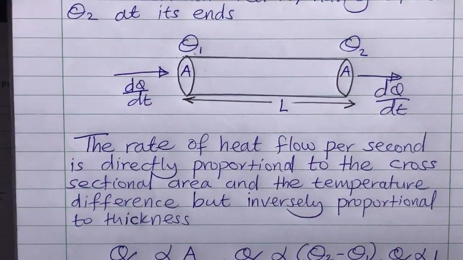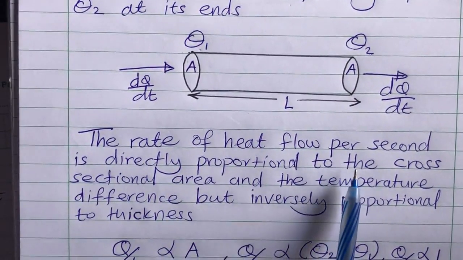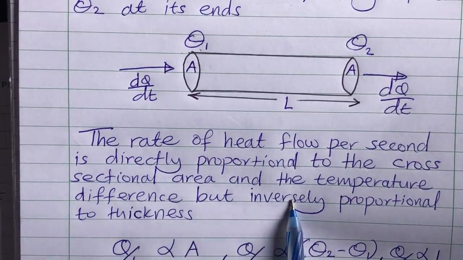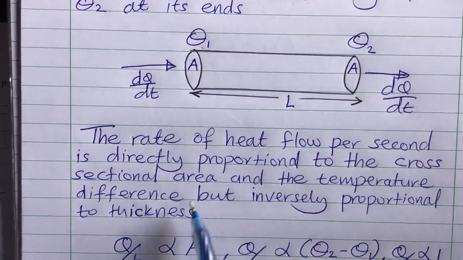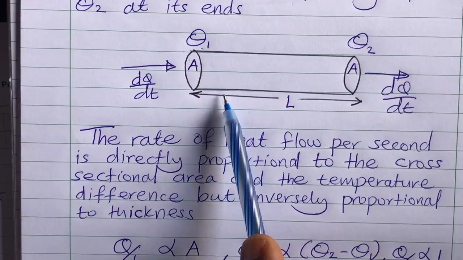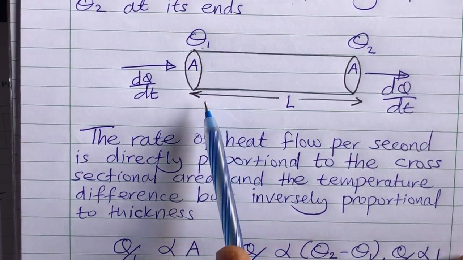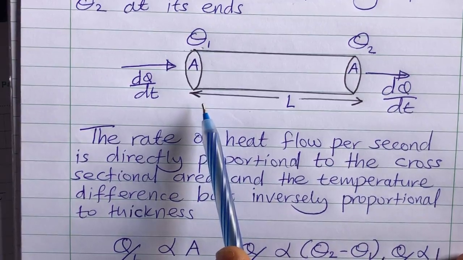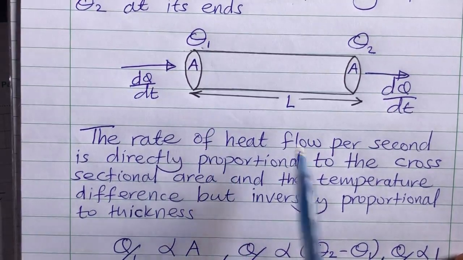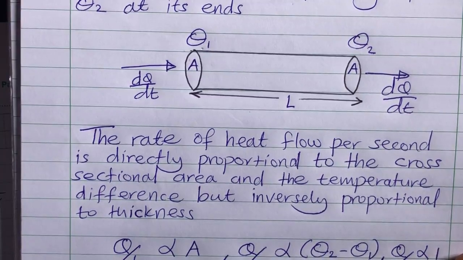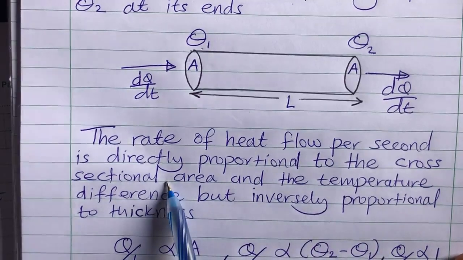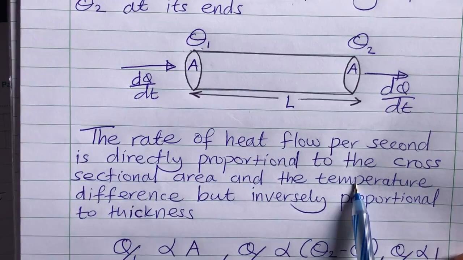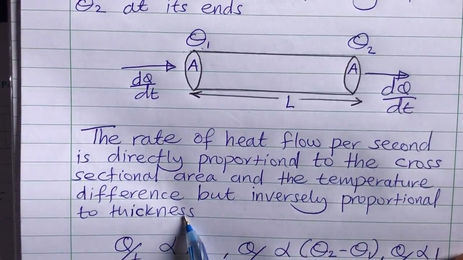And lastly, the rate of heat flow per second is inversely proportional to the thickness, meaning that as the thickness of the material increases, the rate of heat flow reduces. So from that statement, we get 3 factors that affect the rate of heat flow through a material: the cross-sectional area, the temperature difference, and the thickness.